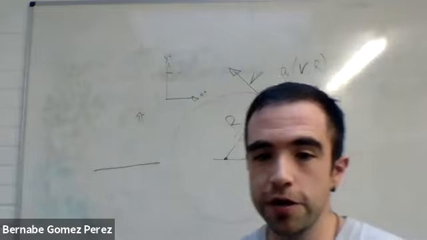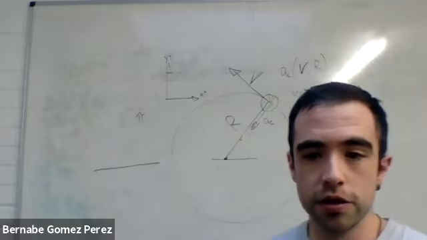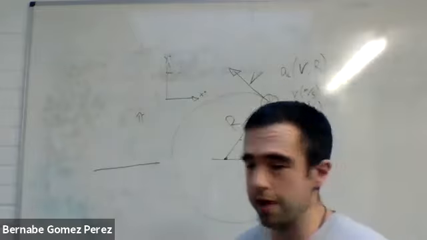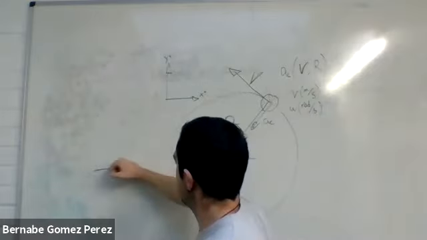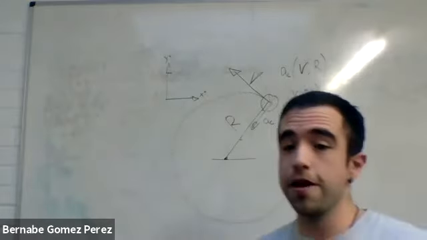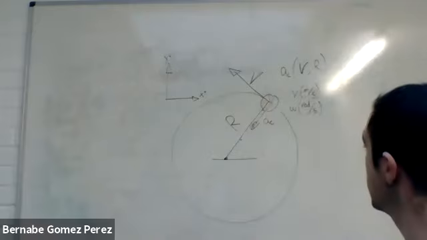So it's kind of easier, but feel free to work with degrees. I just recommend you to work with radians, okay? So we're going to measure angular velocity in radians per second.